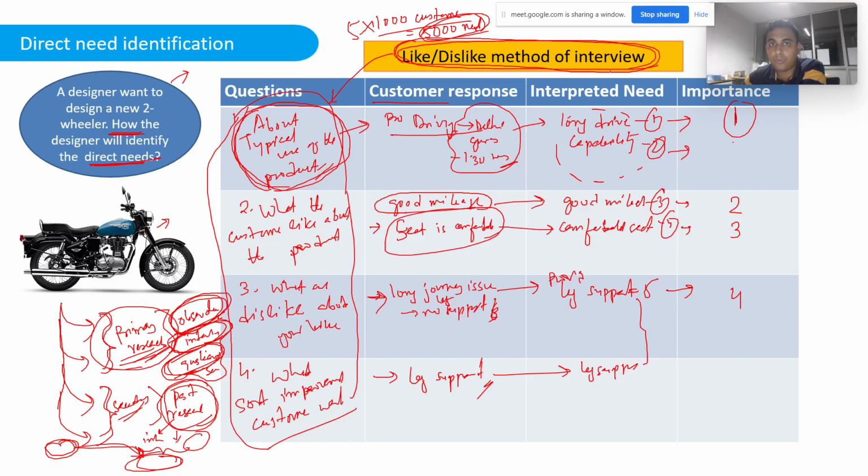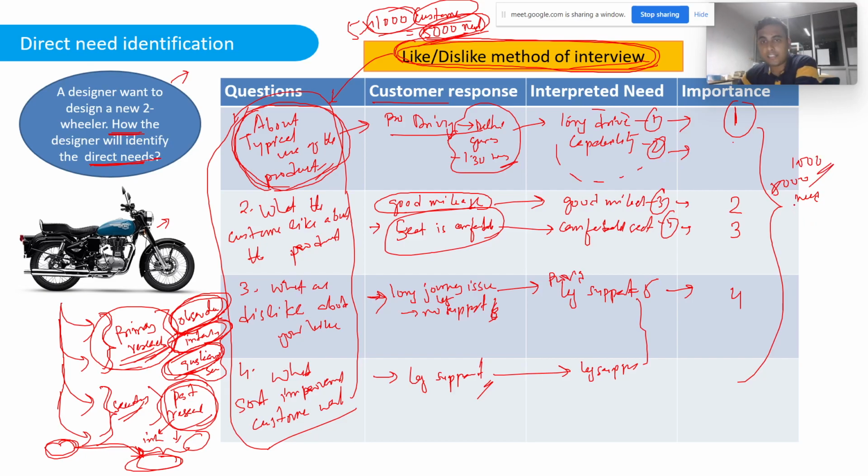So this is how you conduct this particular interview. You use this like and dislike method to gather such information, and you gather it for a large number of customers, and you get a pool of needs that may have certain overlaps, but at the end you have 5,000 needs out of 1,000 customers.